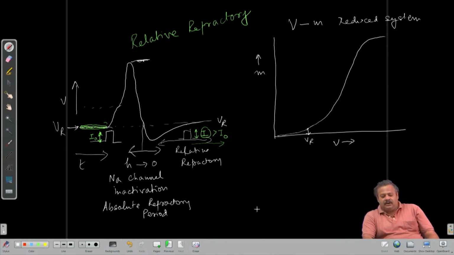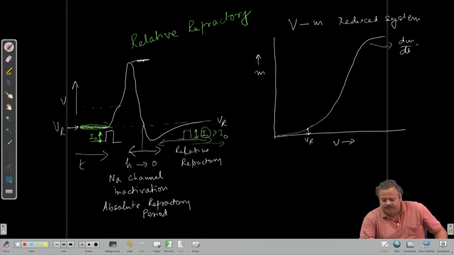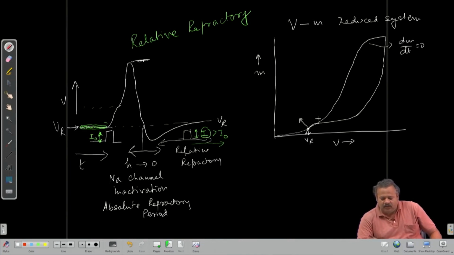Then if we draw the dV/dt equals 0 nullcline, on top of the usual dm/dt equals 0 nullcline, then we have this behavior as we have shown earlier, where this particular node, the lowest one, which we will call R, the resting node, is stable.